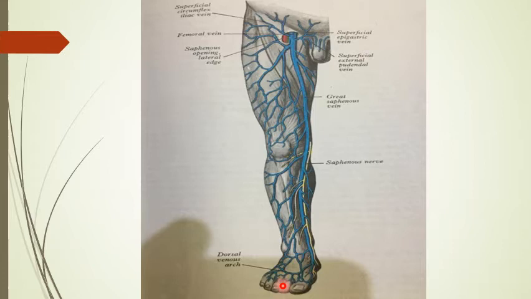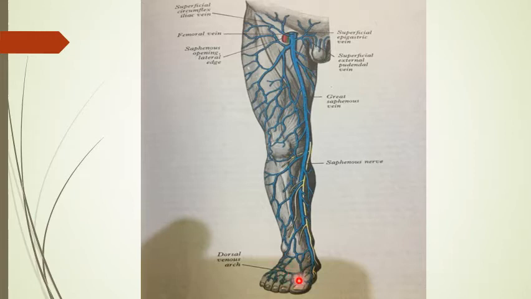Veins also communicate with the sole side, or plantar side, veins, and they finally form a dorsal venous arch. So the small digital veins form an arc-like structure, which is the dorsal venous arch.